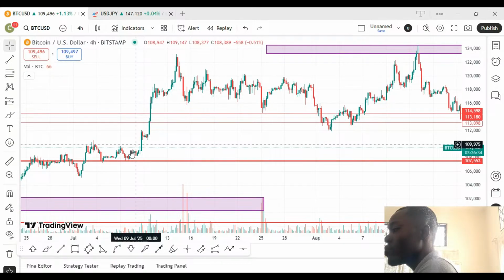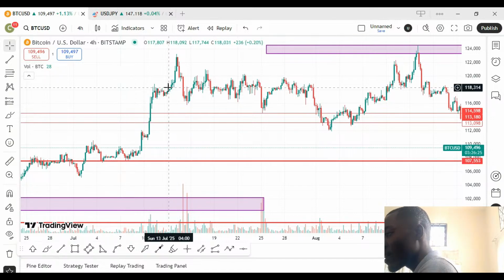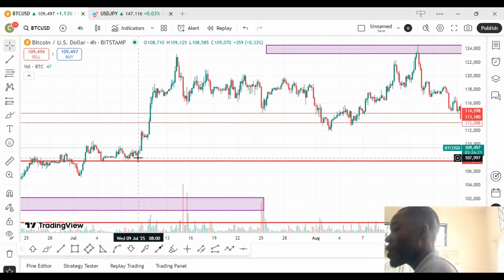So looking at this area, this is the area we've demarcated at the daily time frame, and that area is an area that bought the market. So once you've demarcated this area, and probably you've placed your limit order over there, in the future, when the market hits that side, it will begin to buy for you.